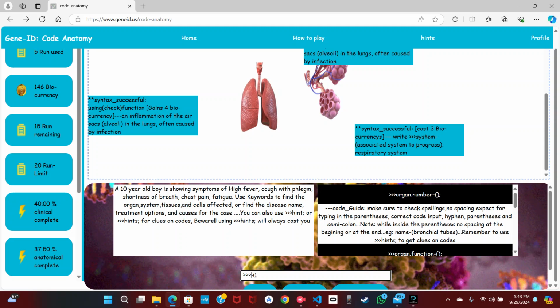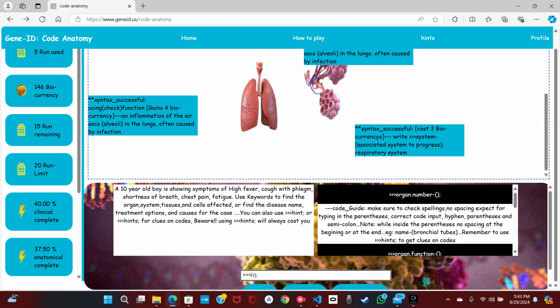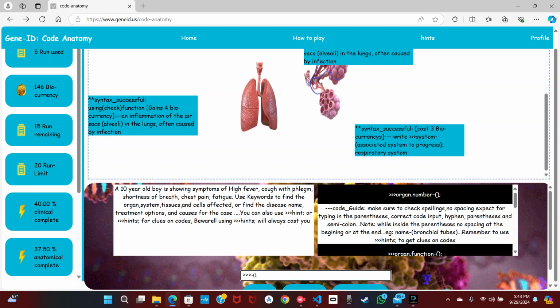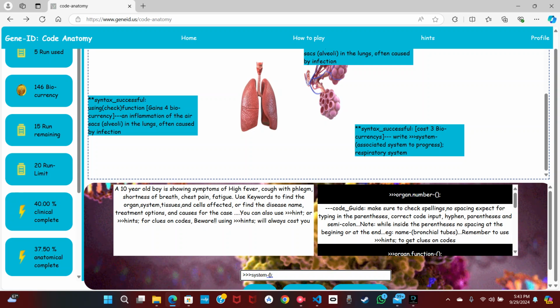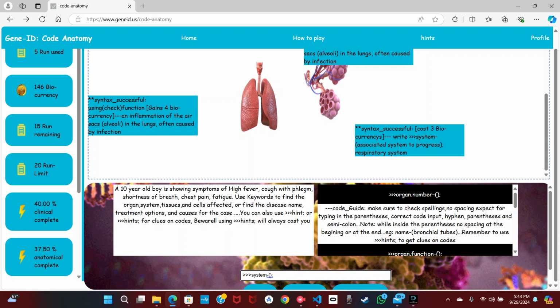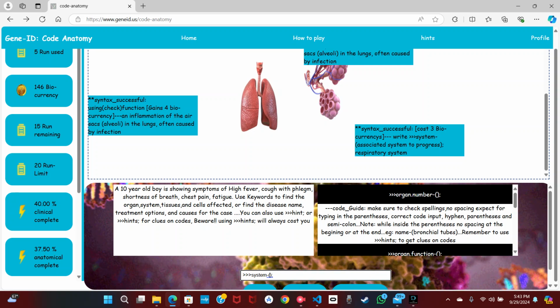So now let's do the respiratory system. Obviously, we all know that. But it's telling me to write something and it's showing me what to write. So I'm going to go with system, the hyphen, the same thing we did with organ. Remember, you write organ, and then you write the respective organ for the system.